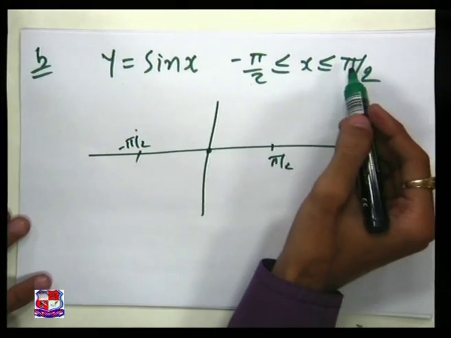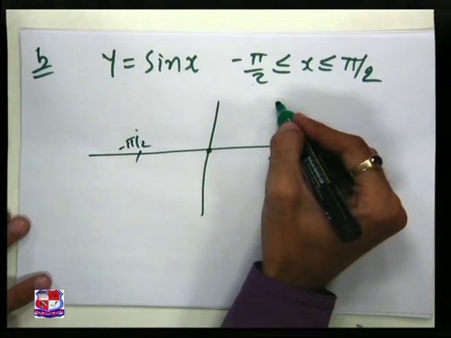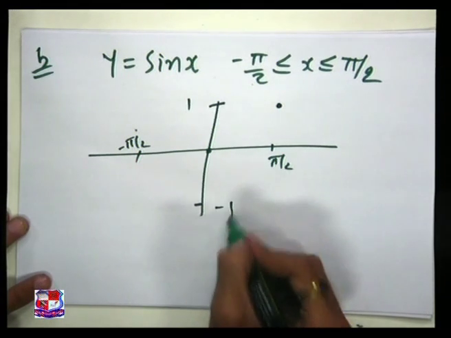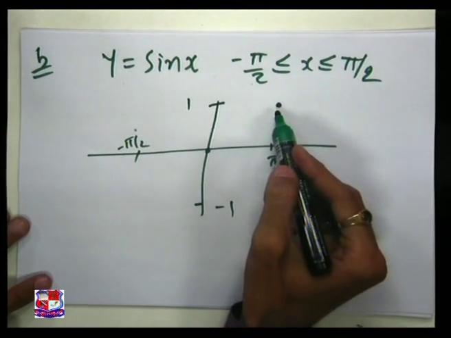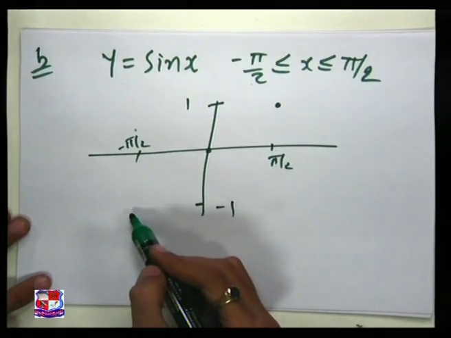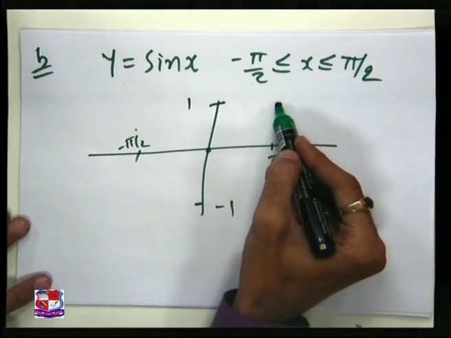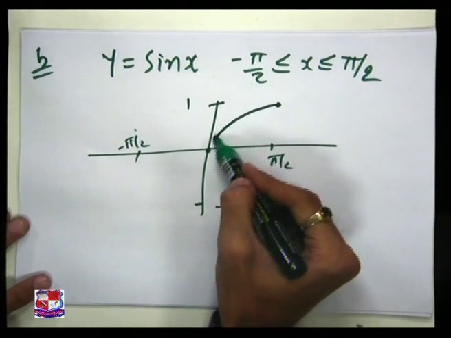Sin pi by 2 is 1, so for example here is 1, here is minus 1. So sin pi by 2 is equal to 1, sin minus pi by 2 is equal to minus 1, and we all know that the graph will go in this manner.